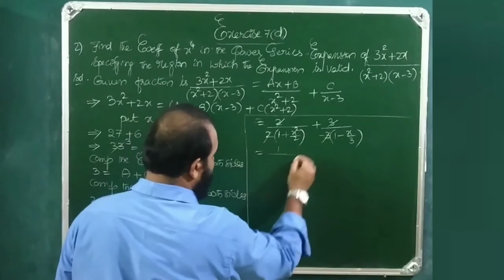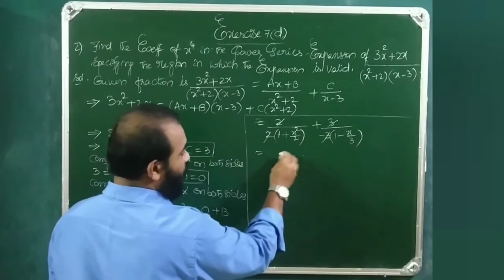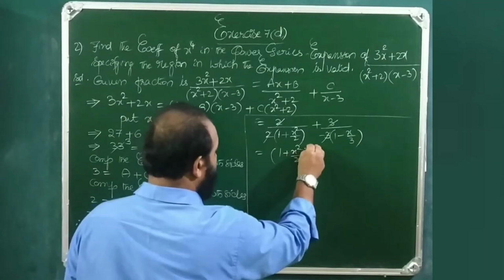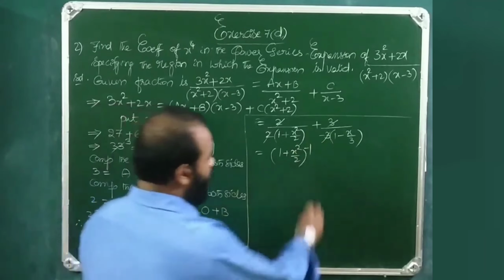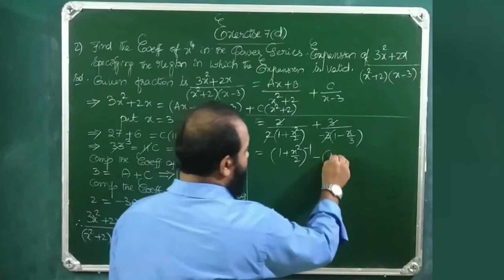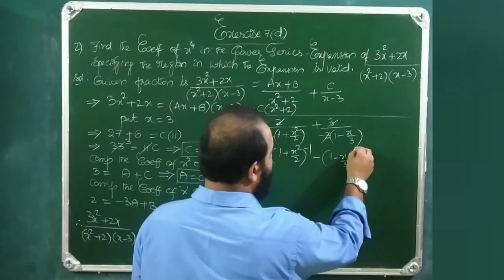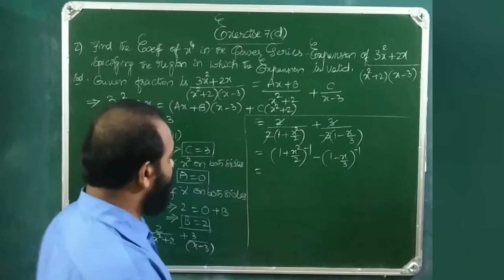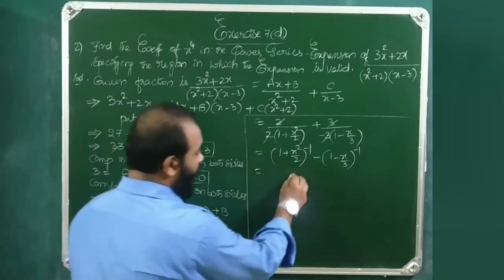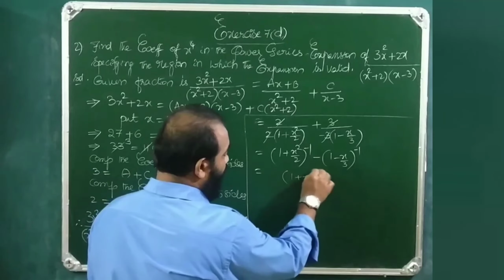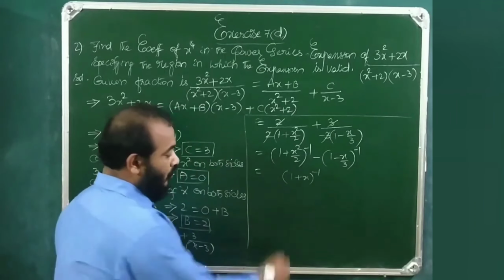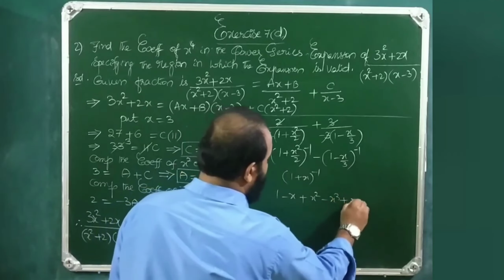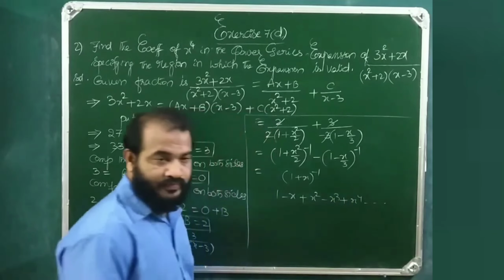So 1 by 1 plus x square by 2 whole power minus 1. This is minus 1 minus x by 3 whole power minus 1. We know 1 plus x whole power minus 1 is 1 minus x plus x square minus x cube plus x power 4 and so on.